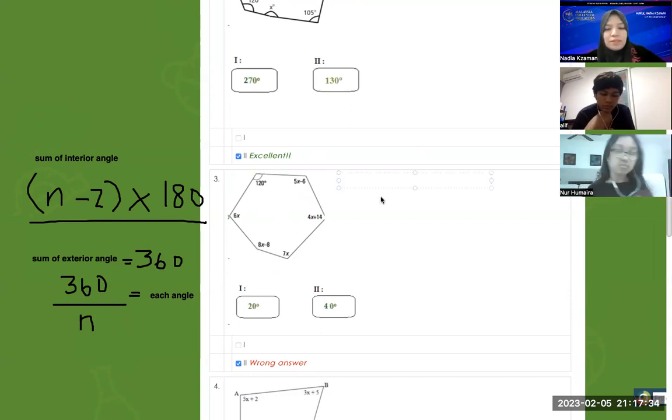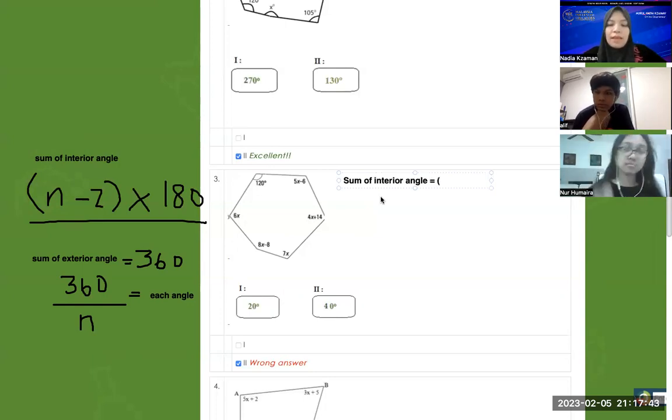First, you find the sum of interior angle, which is n minus 2 times 180. So what is n in this example? N is 6.